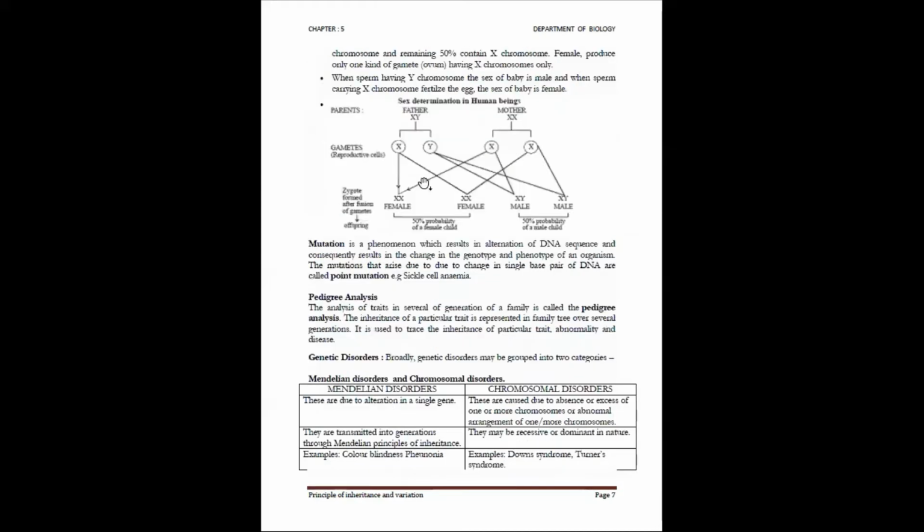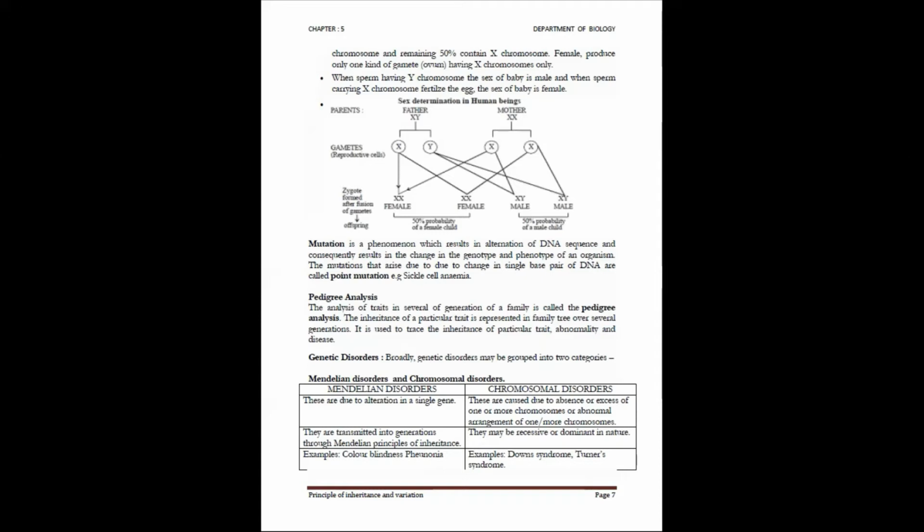This is how you justify if sex determination is asked for human. It can be twistedly asked like, why is the father responsible for the gender of the offspring. This is one type of question that would be asked. Or the other type of question is, why is the mother not responsible for the gender of the offspring.